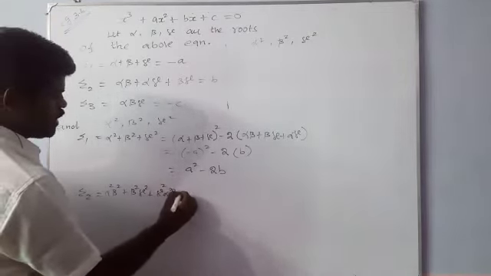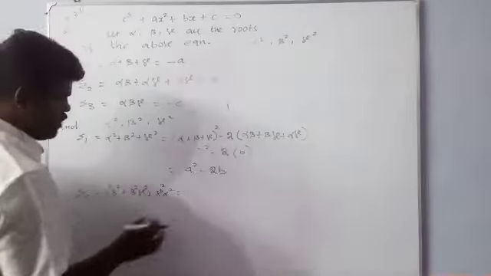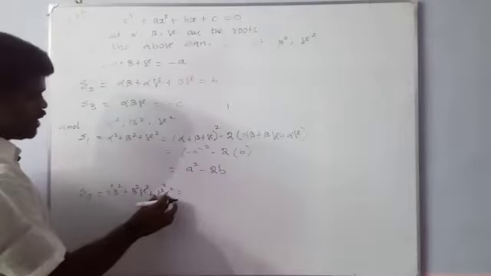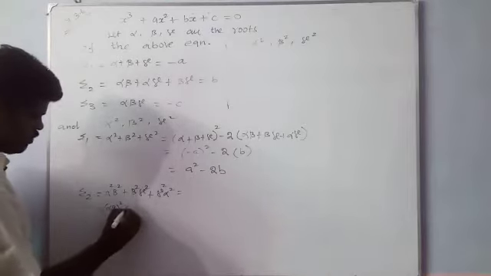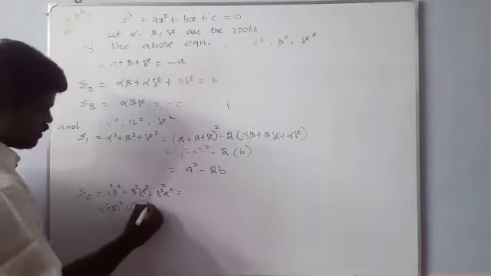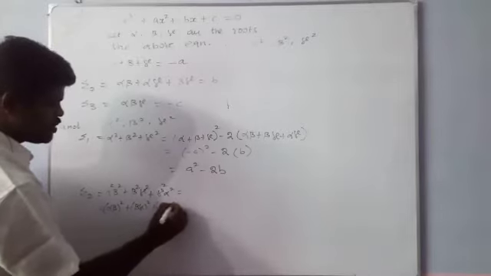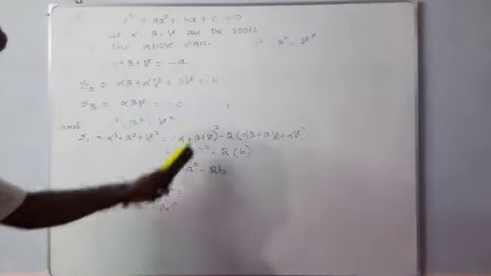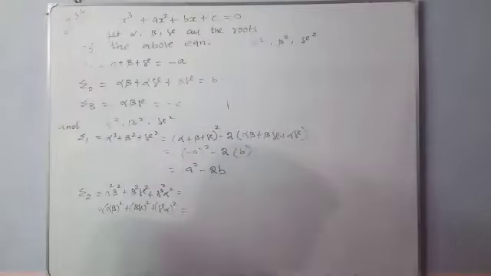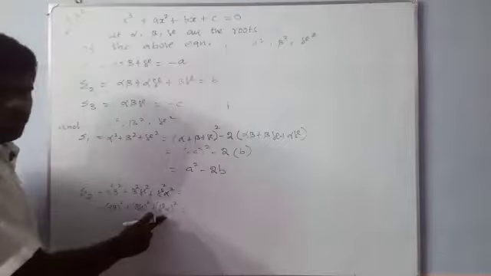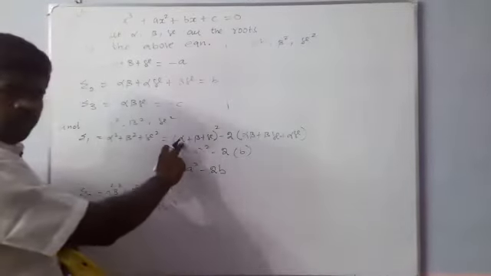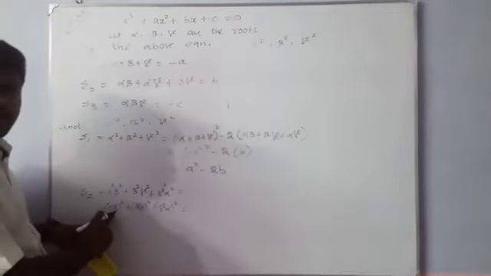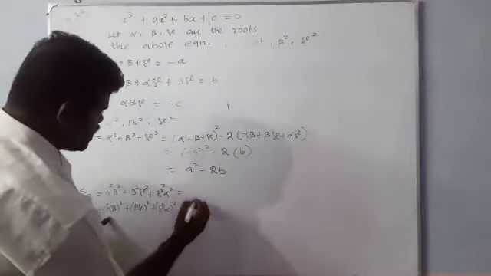This can be written as alpha beta whole square plus beta gamma whole square plus gamma alpha whole square. You can write this formula where alpha is alpha beta, beta is beta gamma, gamma is gamma alpha. Replace this formula to this value. Wherever alpha will come, the value will be alpha beta.